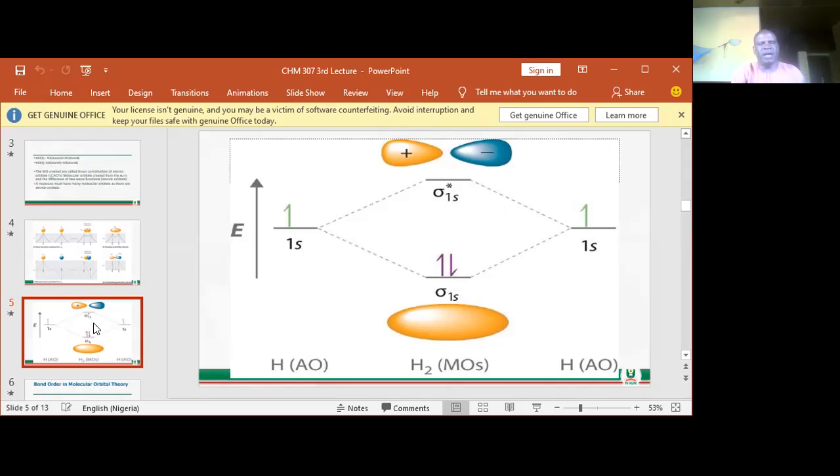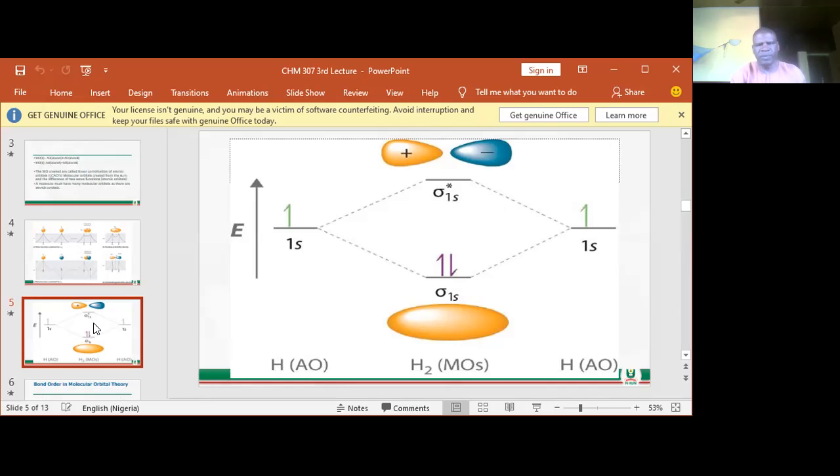Hence, the bond order is 2 minus 0 divided by 2. That is 2 over 2, and 2 divided by 2 is equal to 1. That's the proof why hydrogen can exist as a diatomic molecule with one single bond between the two hydrogen atoms.